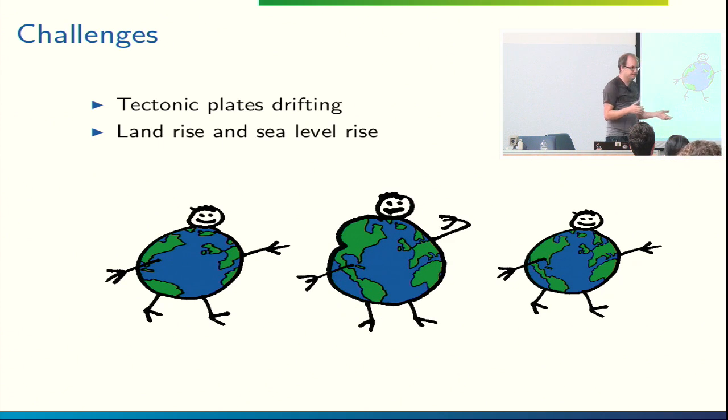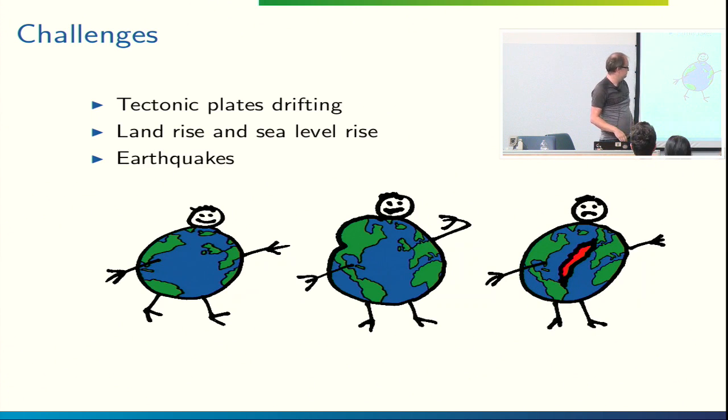Then we have the fact that land is also rising. For instance, up in Norway, where I'm currently working, or came from, the land uplift from the last ice age is still faster in many places than the sea level rise. So if you just walk to the beach, you can actually see the sea level going down there, even though it is absolutely going up.